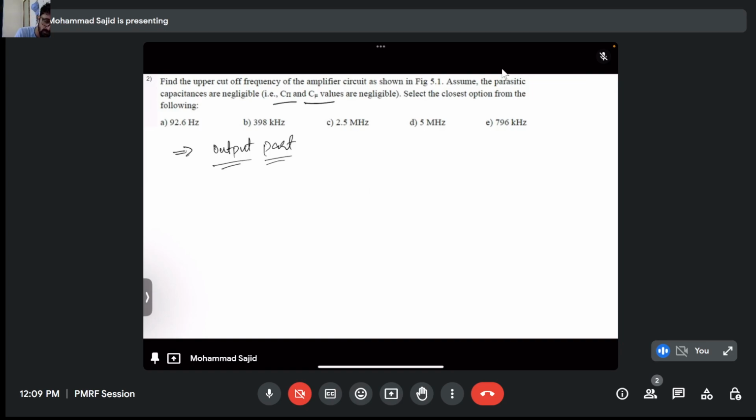Let's draw the equivalent circuit for load capacitor CL.